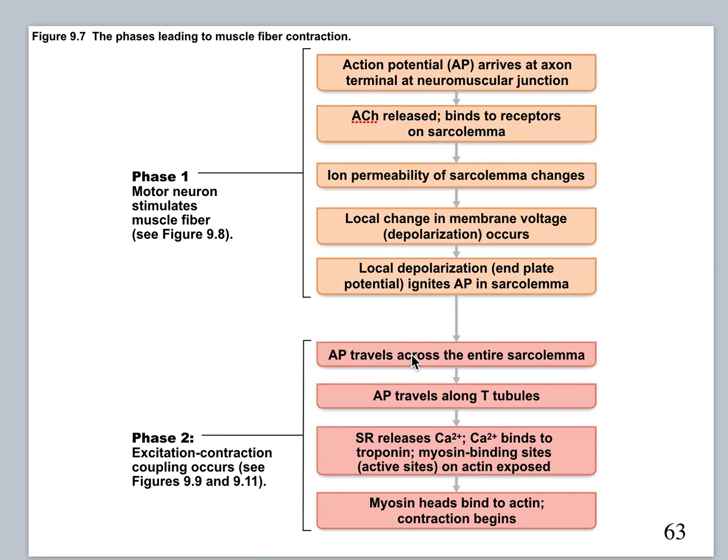That action potential travels across the entire sarcolemma and down the T-tubules. That causes the sarcoplasmic reticulum to release calcium. Calcium binds to troponin. The myosin binding sites on actin are exposed, the myosin heads bind to actin, and the contraction begins. So those are basically the steps from the motor nerve stimulating the muscle to the actual muscle contraction.